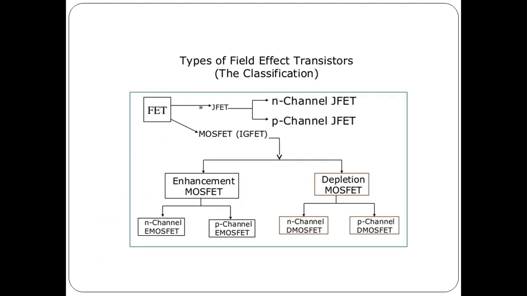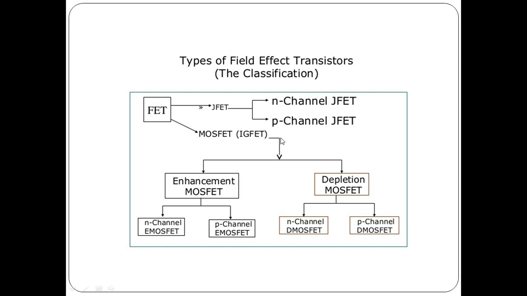Let us look at the classification of field effect transistors. As I have already discussed, field effect transistors are of two types: junction field effect transistor, or JFET, and metal oxide semiconductor field effect transistor, or MOSFET. JFETs can be categorized into two types: N-channel JFET and P-channel JFET.